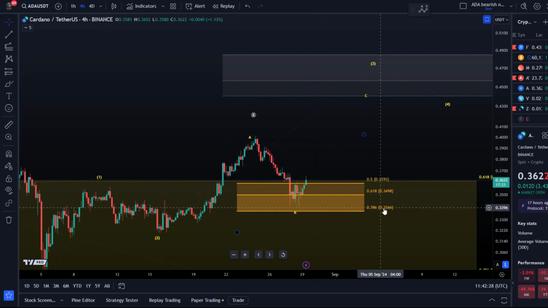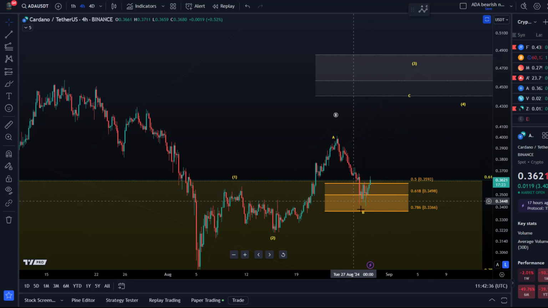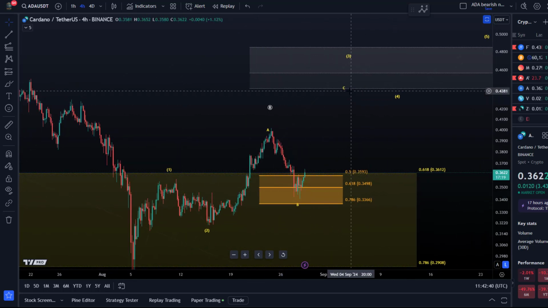Yes, we're holding the 78.6 retracement at 33.6 cents, so the yellow count is being kept alive. But there isn't really anything else. We just need to see now if the price can hold the last low that formed yesterday at around 34 cents. If that's the case, we might be on our way up here in wave C of 3.